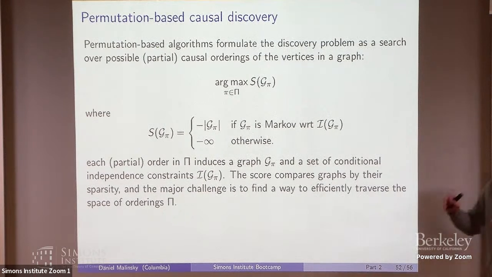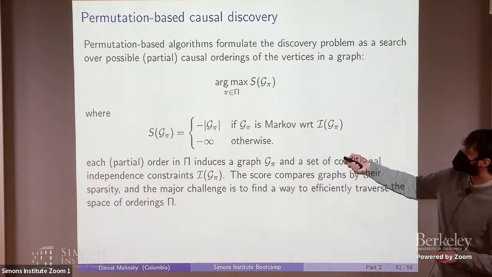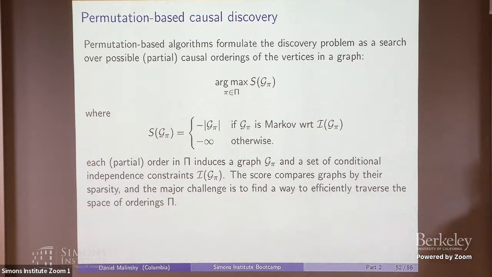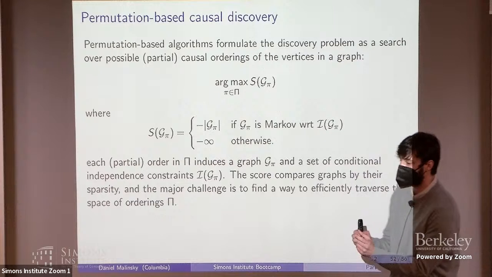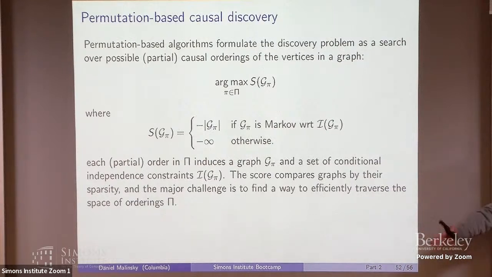So specified abstractly, if you think about some space of possible permutations of the vertices in a graph, and the DAG or ADMG or whatever that those permutations induce, you can try and search over possible permutations, and for each permutation, calculate some score, try and minimize that score, or in this case, maximize. So permutation is like just thinking of the vertices as an ordered list of numbers, ordering them in some way such that the order reflects parent-child relationships in the graph as a total order, or a partial order if you're just thinking about ancestrality relationships.